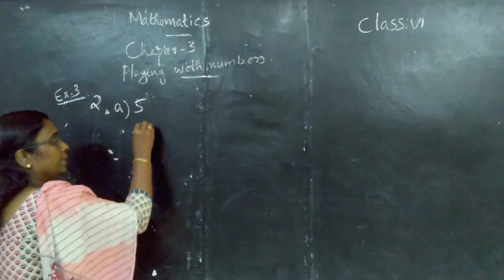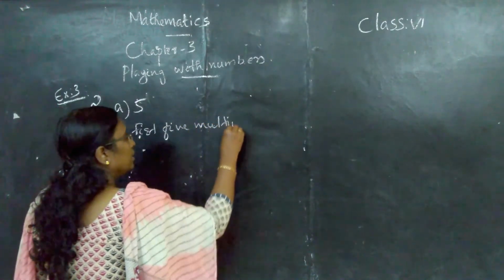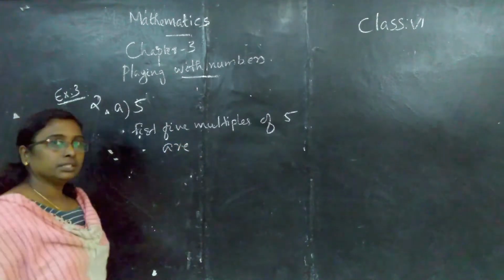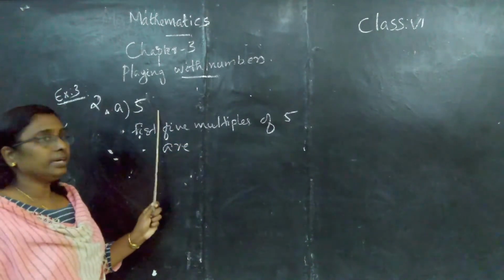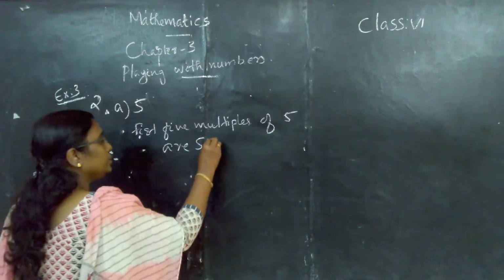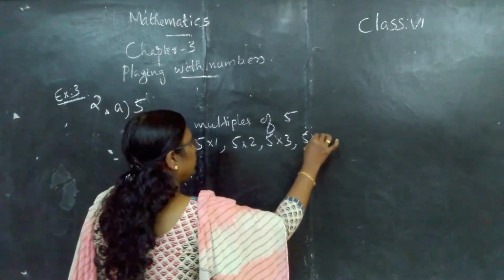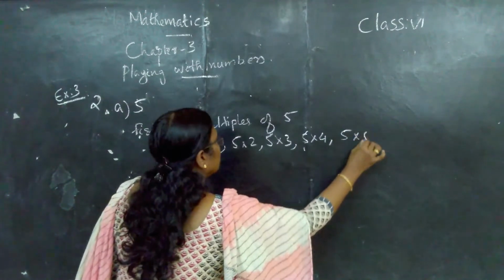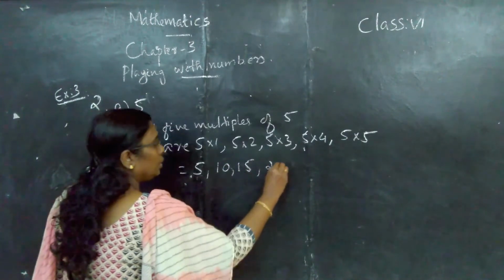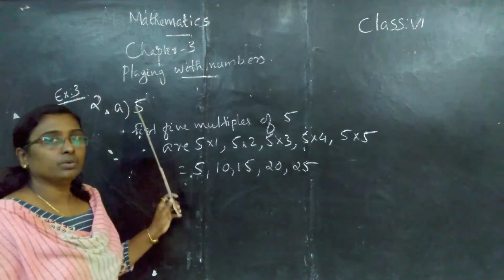So, the first 5 multiples of 5 are, multiply the given number, 5, with 1 to 5. That is 5 into 1, 5 into 2, 5 into 3, 5 into 4 and 5 into 5. That is 5, 10, 15, 20, 25. Okay, these are the first 5 multiples of 5.